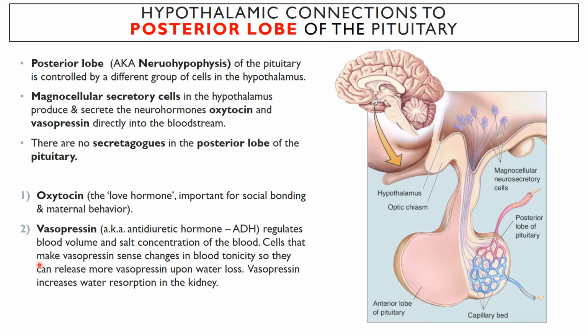Cells that make vasopressin sense changes in blood tonicity, and then they can release more vasopressin upon water loss. So vasopressin is very important in this, but it turns out that it's also involved in the regulation of various kinds of behaviors. And in particular, we're going to talk about its relationship to aggressive behavior.